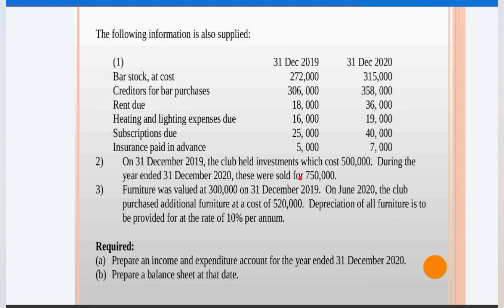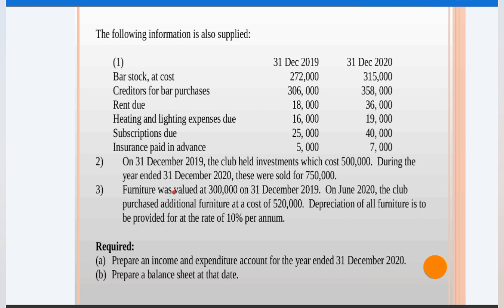So it means there has been a profit on the sale of these investments. The difference being 250,000, so it is 750,000 minus the 500,000.